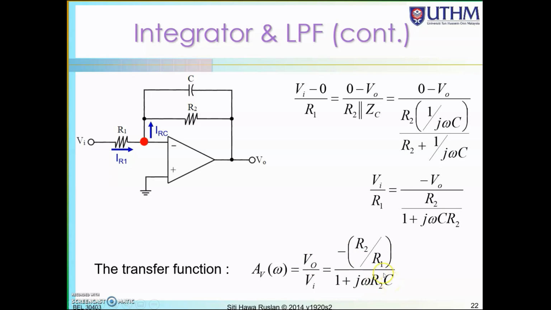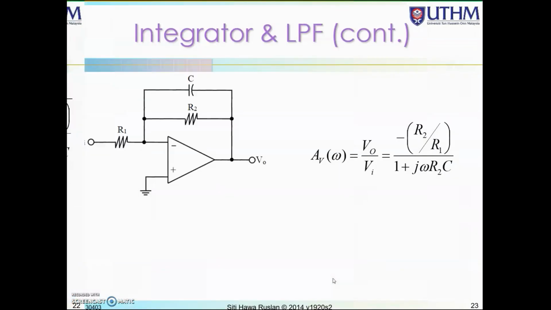If you look here, the gain minus R2 over R1 is the maximum gain for this particular circuit when the capacitor is open just now. And from this transfer function, using the denominator, you can get the cutoff frequency.